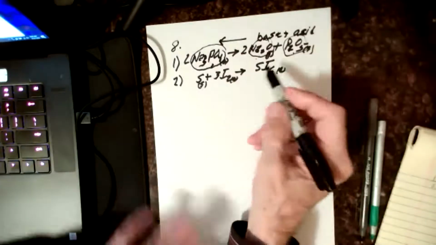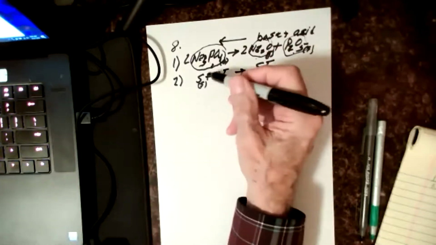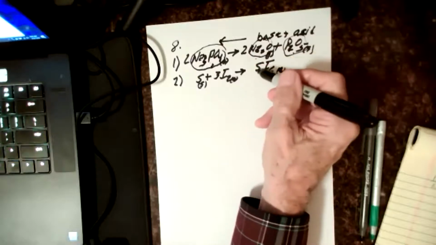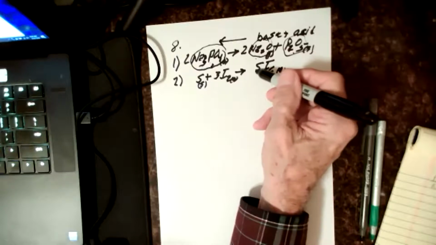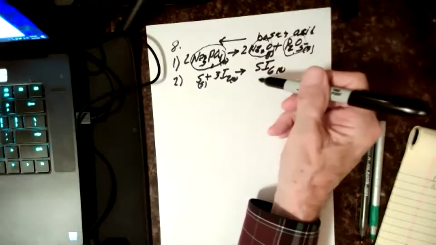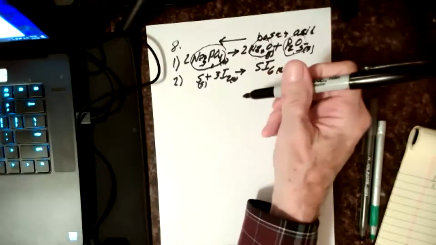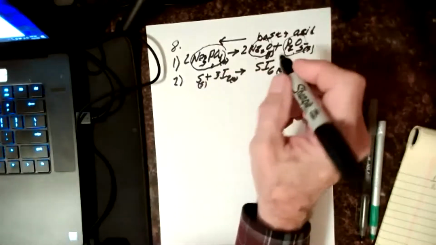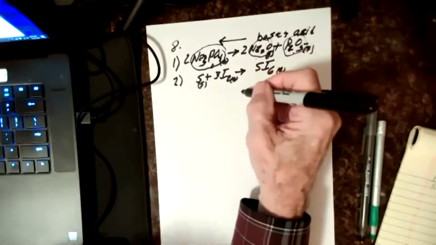Now let's look at this. A couple of things I would look for first. Sulfur's in group 6, iodine in group 7. So as a metal end of a formula, sulfur could be +6 and iodine could be -1. The formula is okay. So it is possible that the reaction could take place. But let's think about what we're doing.